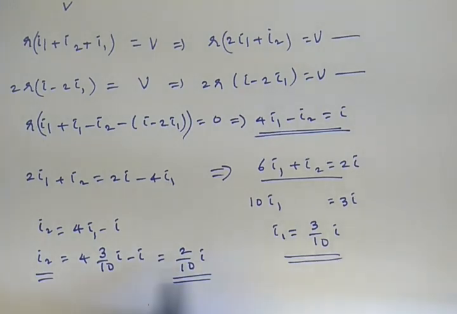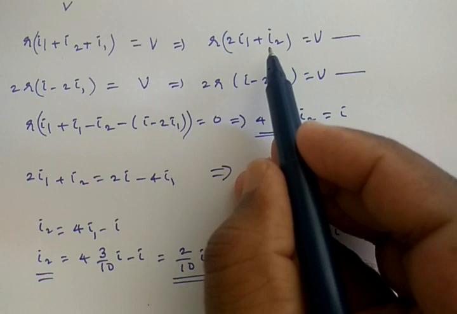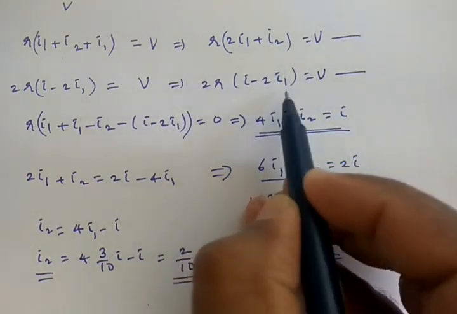Then I1 is this and I2 is this. Now let us substitute all the values in either this equation or that equation.